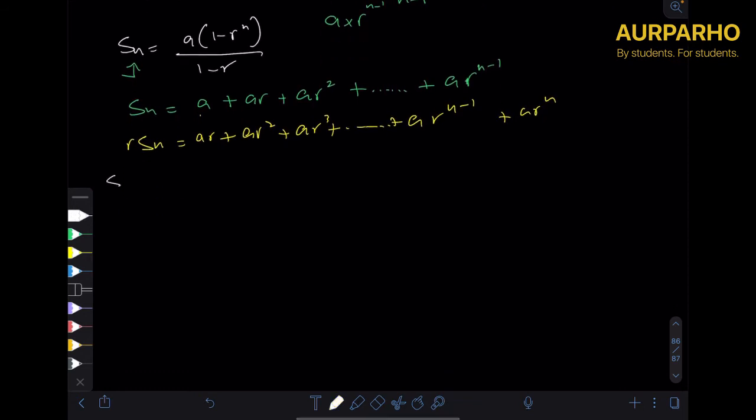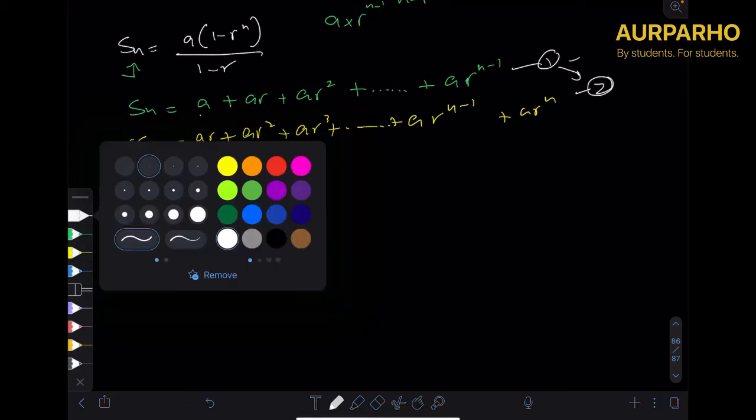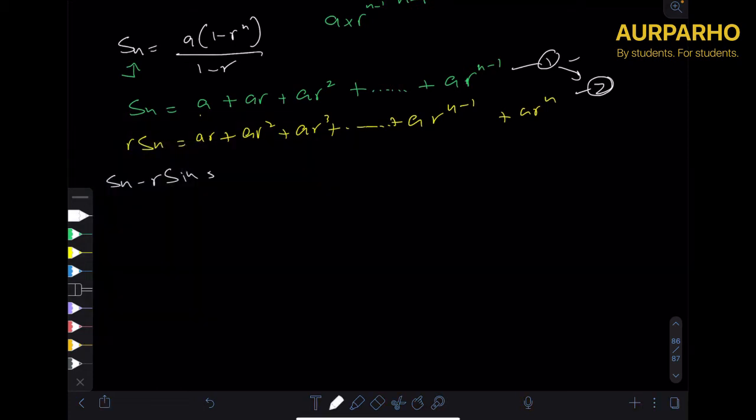So if I do Sn minus r times Sn, essentially this is 1, this is 2, and I'm subtracting 2 from 1. Here again I can pair such that the terms cancel out. If I pair ar with ar over here, ar minus ar would just be 0.